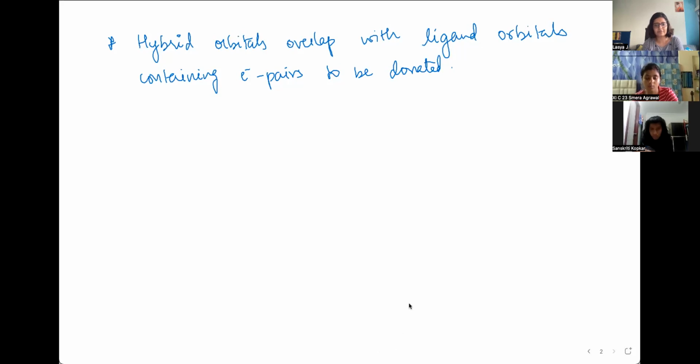We'll take one example, and then see what geometry goes with what hybridization, and all those other details. For example, if you're looking at [Co(NH3)6]3+, let's see what sort of hybridization happens in this case.